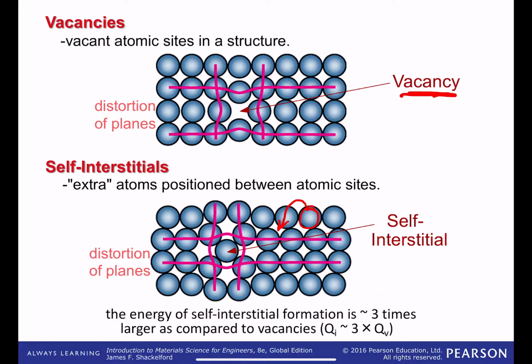You can think of the consequence on the activation energy to do that. So here, simply asking an atom to be not present in its own lattice is QV. Now, if you want to ask an atom to occupy its own interstitial site, you need to provide 3 times the activation energy for that vacancy site to allow that interstitial option to exist.